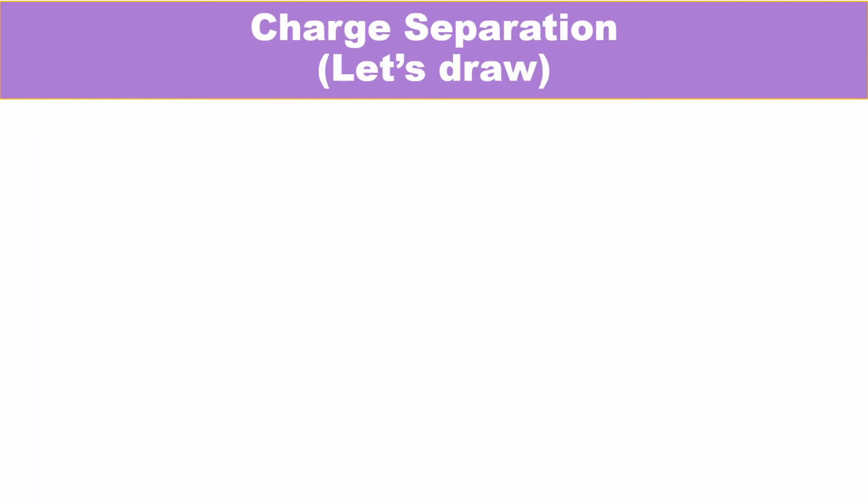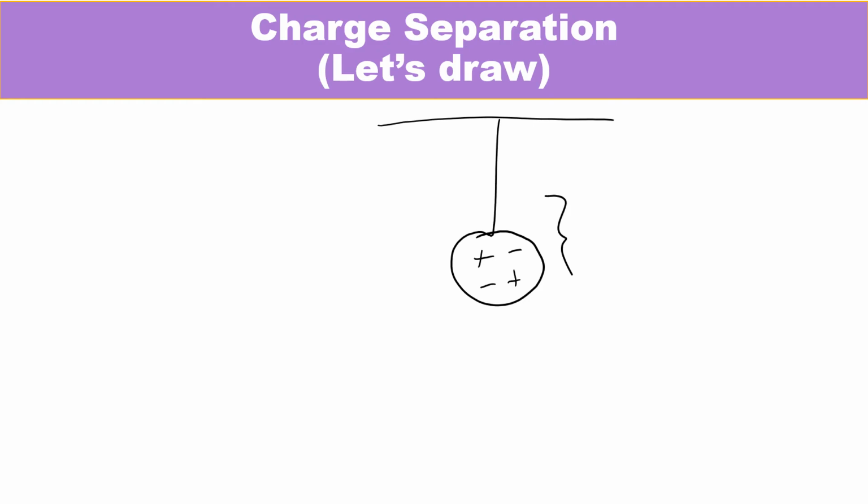Now let's draw one situation. Imagine on a ceiling, I don't know why, but let's say I put a metal sphere with a thread attached at the end. Right now we have a neutral metal ball over here.